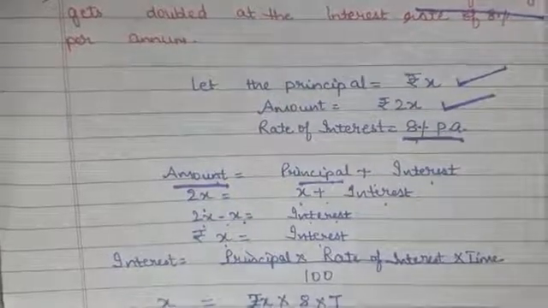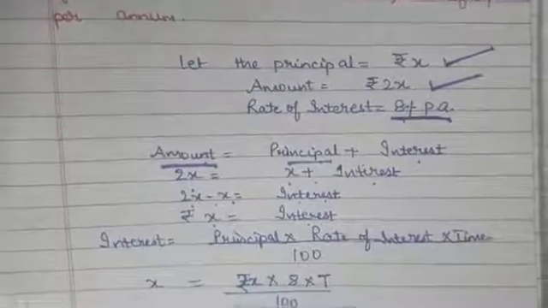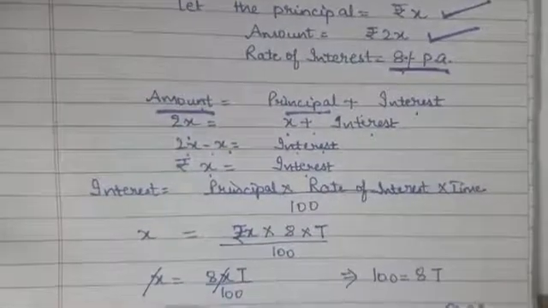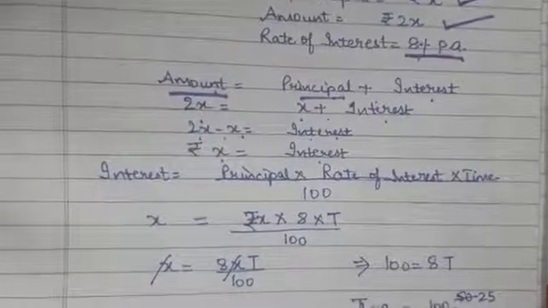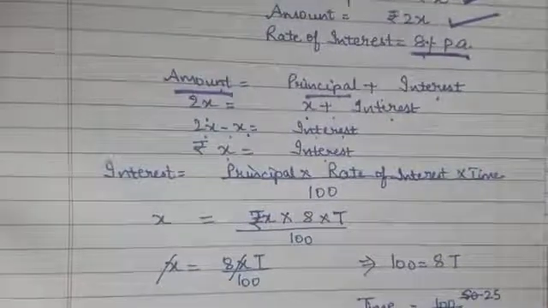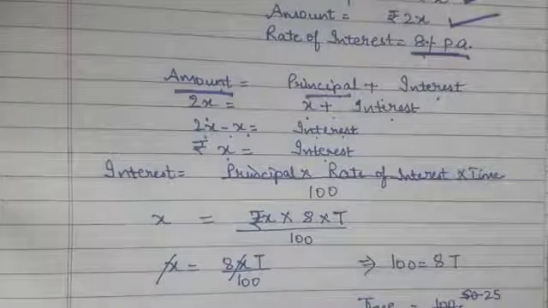Now we have to find out time. So let us apply the formula for interest now. Interest is principal into rate of interest into time upon 100.